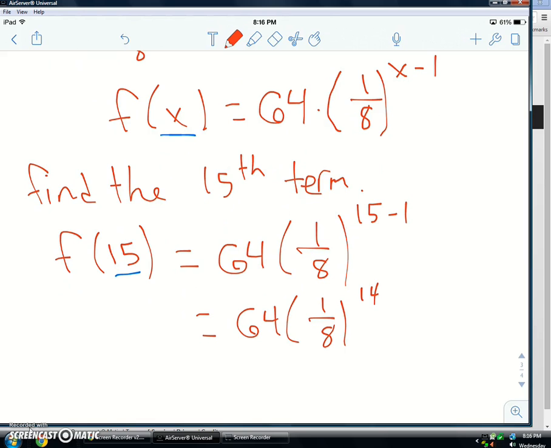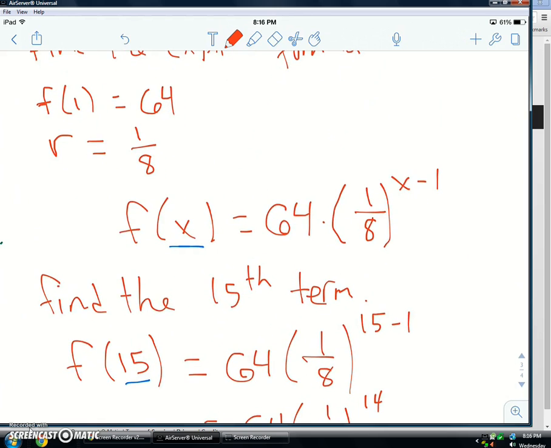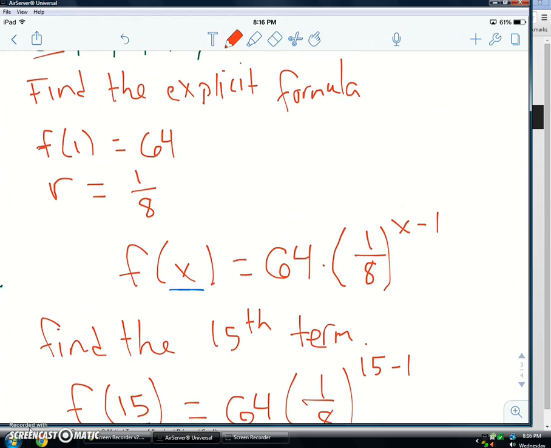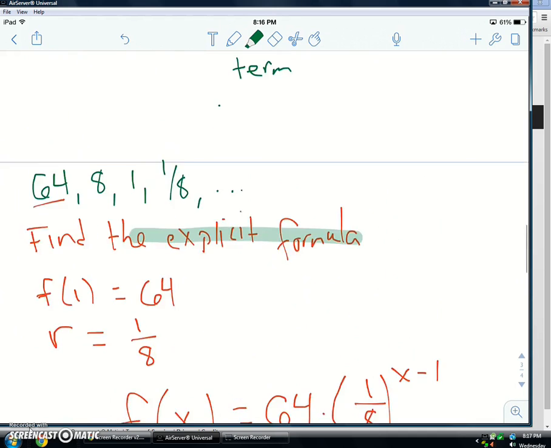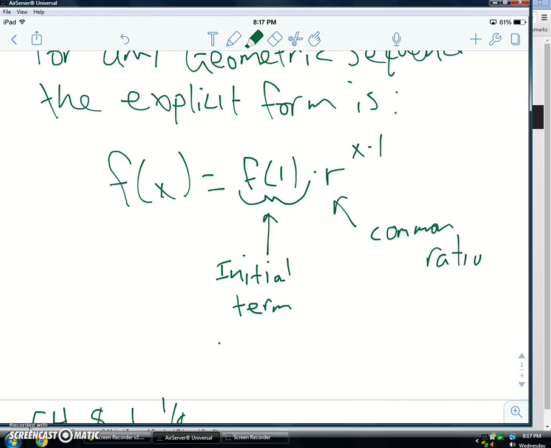Anyway, so that kind of wraps us up there for geometric sequences. Again, big things to remember: common ratio, initial term, and this guy right here, explicit formula. And so having this thing, well, I need to rewrite that. That doesn't look very clean.